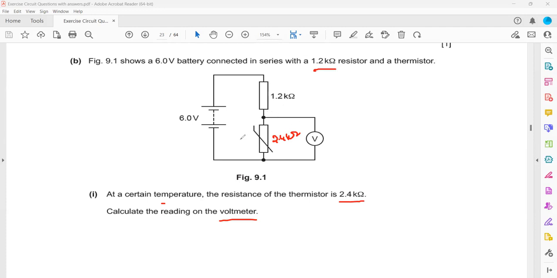What we'll do is find the voltage across the thermistor, which is the same as the voltage reading on the voltmeter. Whenever two resistors are connected in series, we call that circuit a potential divider circuit.